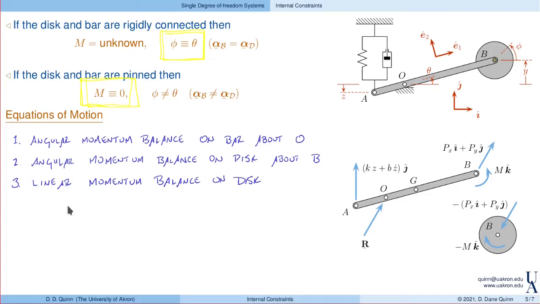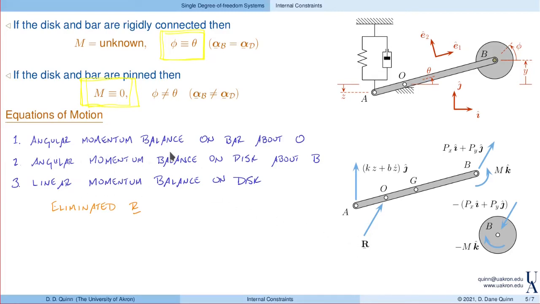So again, by taking angular momentum balance on the bar about O, we have eliminated the reaction force R at O. Now, if I wanted to find out what this reaction force is, I could always go back and use linear momentum balance on the bar, and that would give me the reaction forces in terms of the motion.